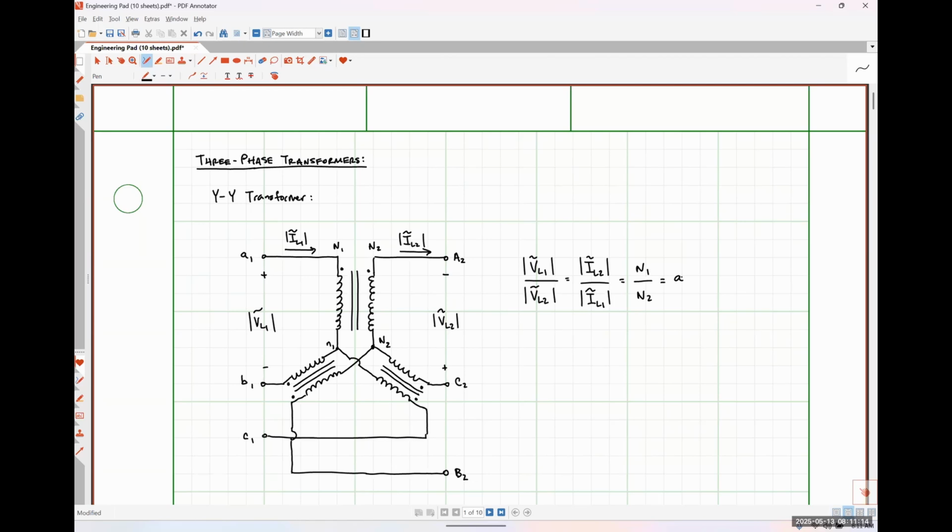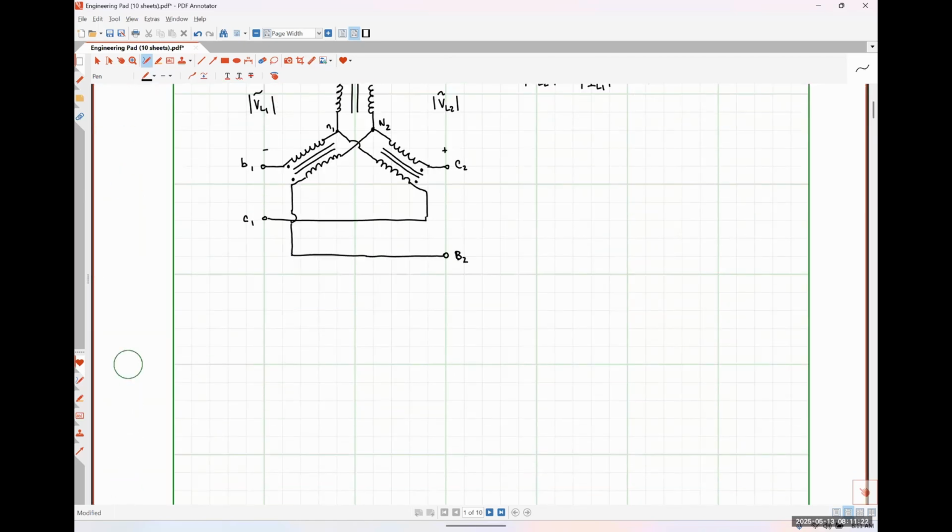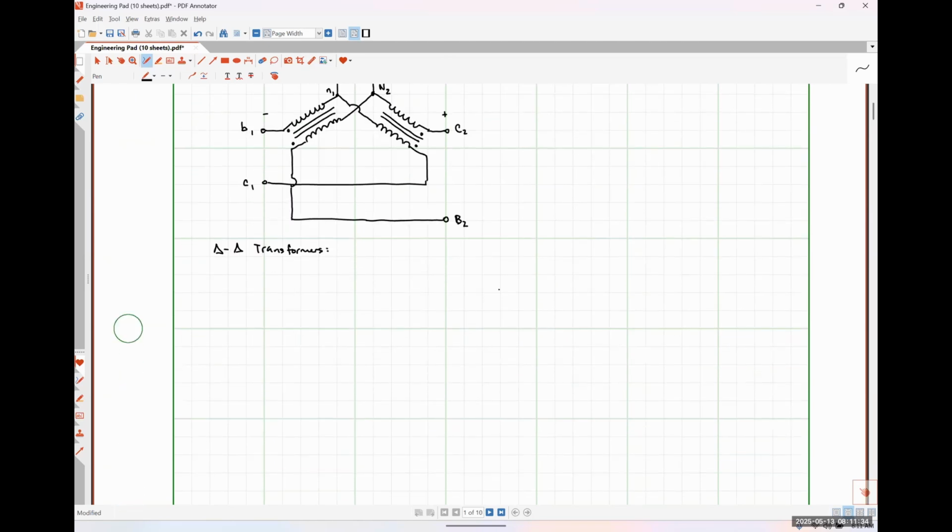Okay. The next one that I want to look at is our delta-delta transformer. So I'm going to try to set things up fairly similarly. This is going to be the A phase on the primary side.